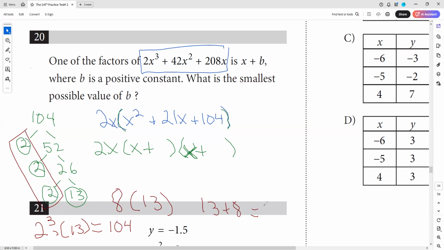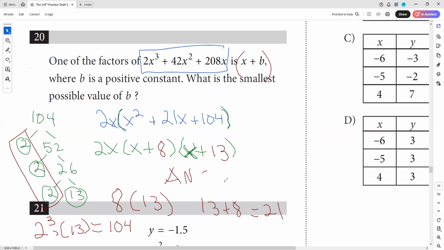It is. So we found the two factors: x plus 8 and x plus 13. So that's completely been factored. We are looking for x plus b, and b is the smallest possible value. Because it has to be one of the two parentheses, the smallest possible value is 8.